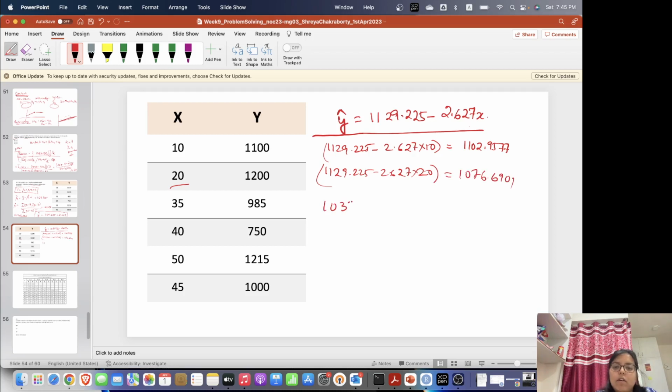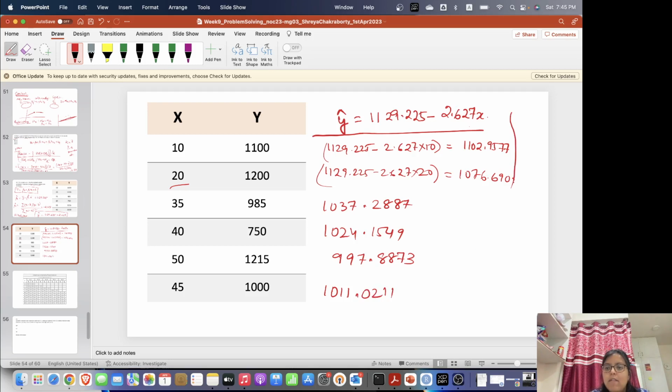Similarly, I would have here 10. You can check if the values are matching. This will be 1024.1549. This will be 997.8873, and this would be 1011.0211. So we have the y predicted values over here.